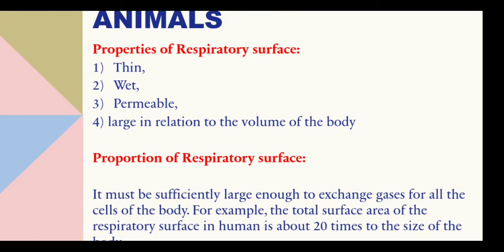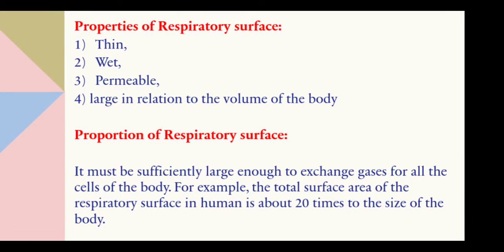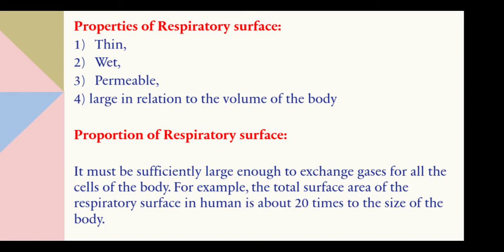Proportion of respiratory surface: it must be sufficiently large to exchange gases for all the cells of the body. There are millions of cells in the body, and respiration takes in oxygen for oxidation reaction in every cell.